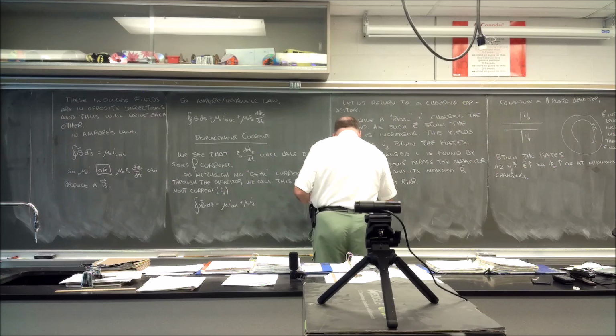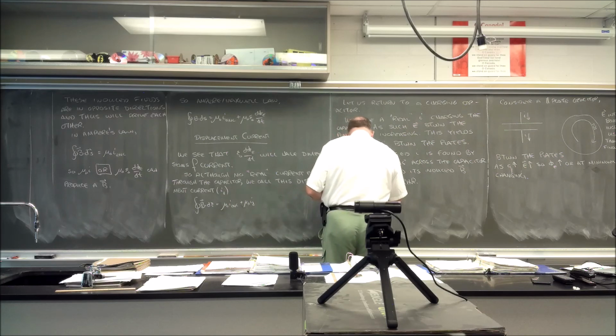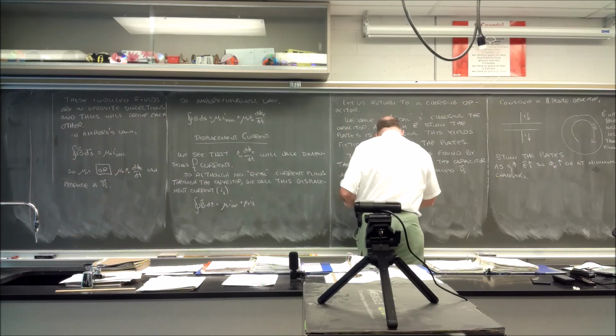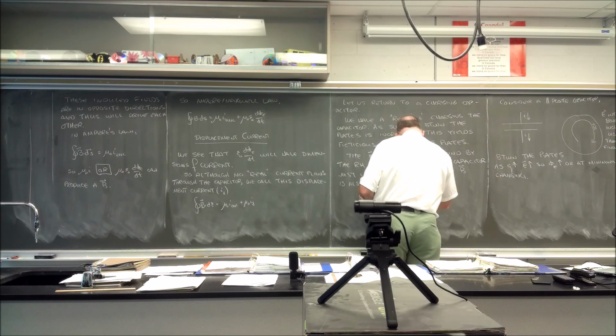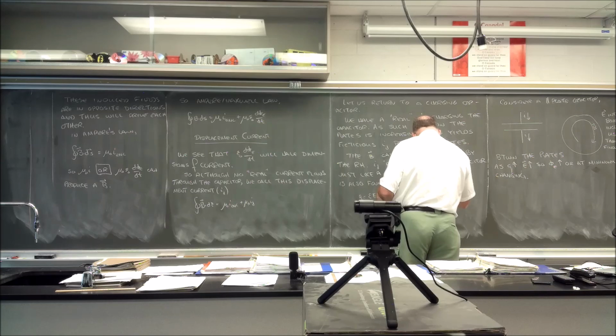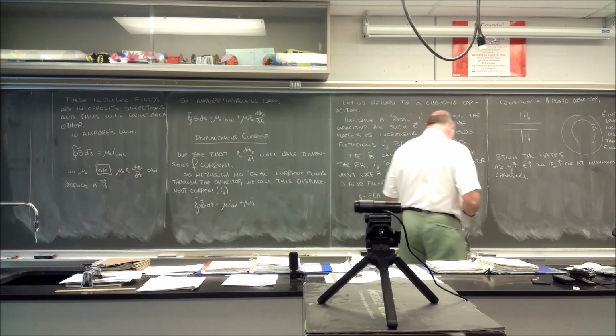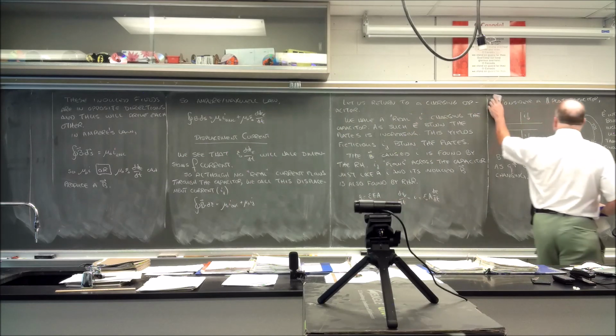So we have Q is equal to epsilon naught A E. dQ dt is equal to I, this is equal to epsilon naught A dE dt. The area of the capacitor is not changing.